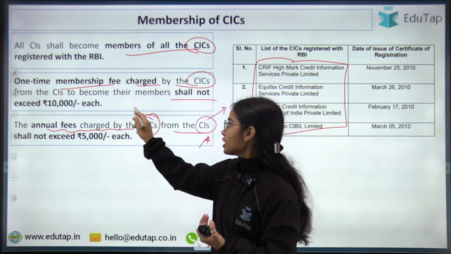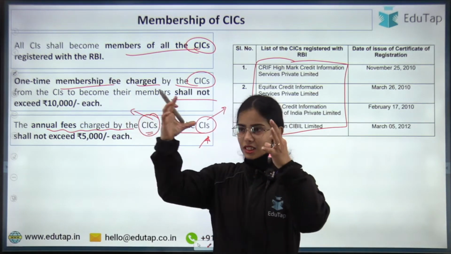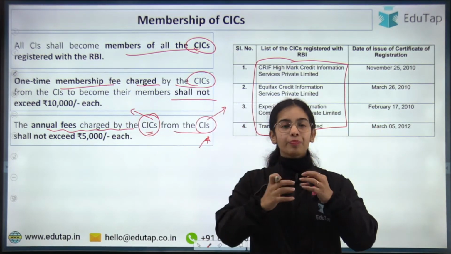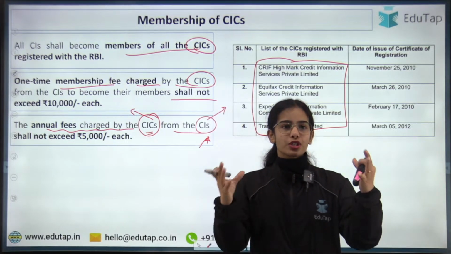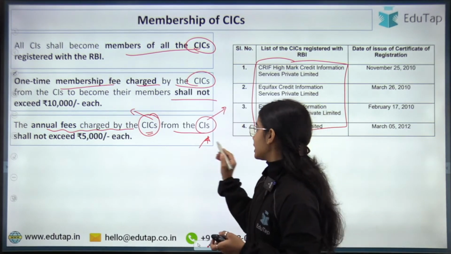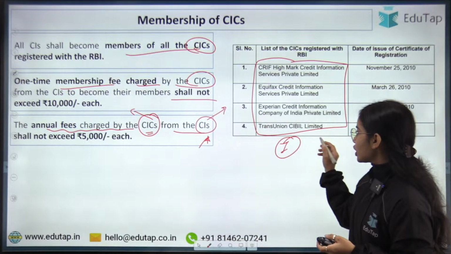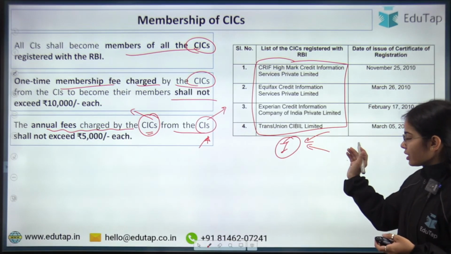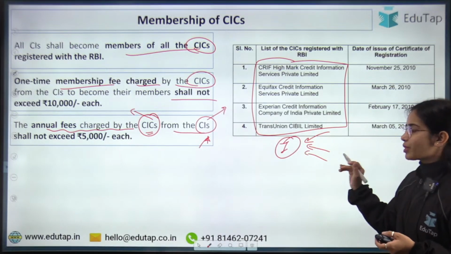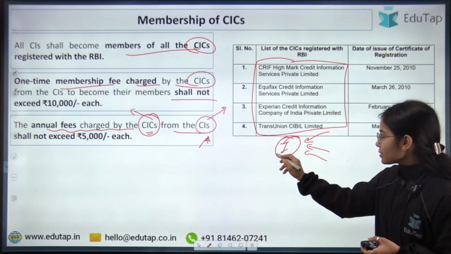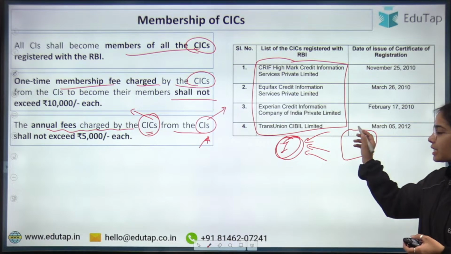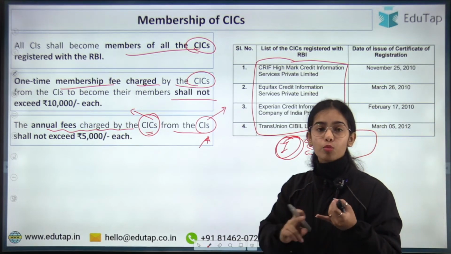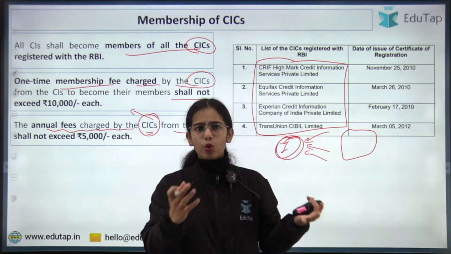So credit institutions are the ones that are providing the credit, like the banks, NBFCs, all India financial institutions. Credit information companies gather the data and provide the credit information reporting. Let's say a particular individual has taken a loan from SBI, from ICICI Bank, from HDFC Bank. How many loans has this individual taken, under what category: home loan, car loan, gold loan, various loans.